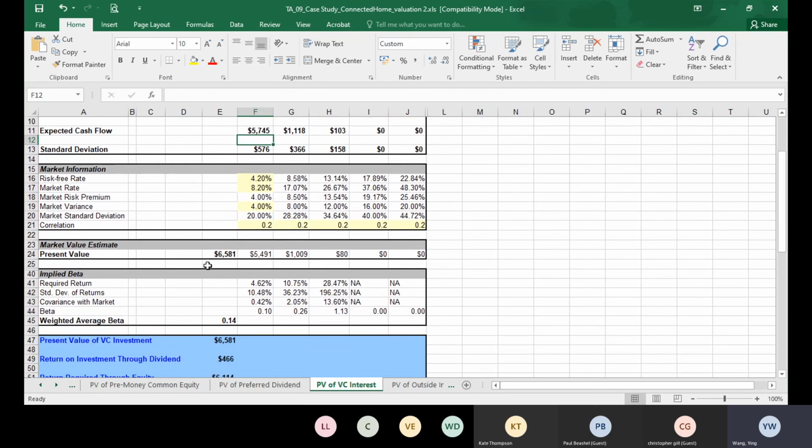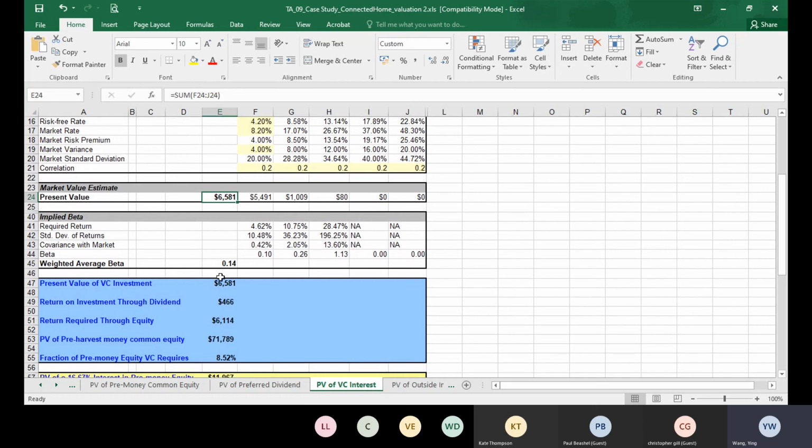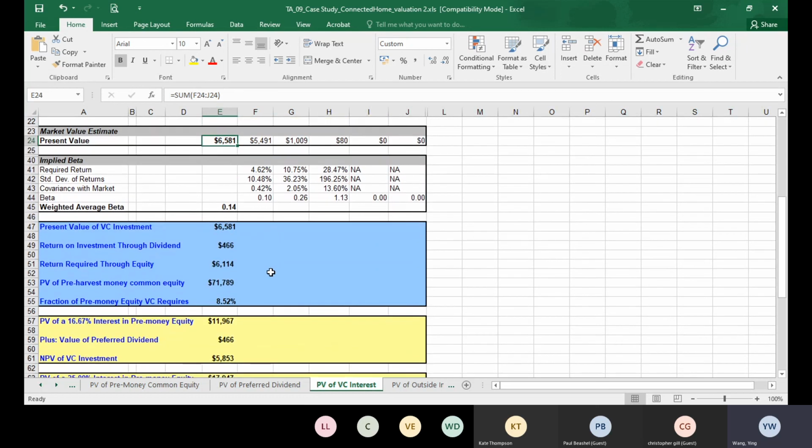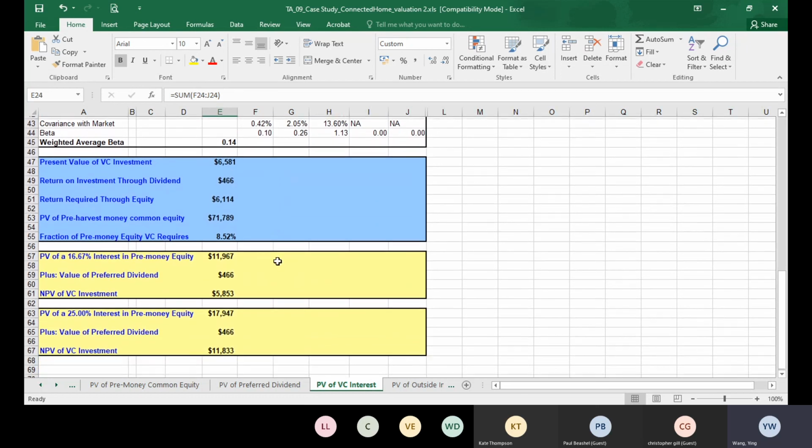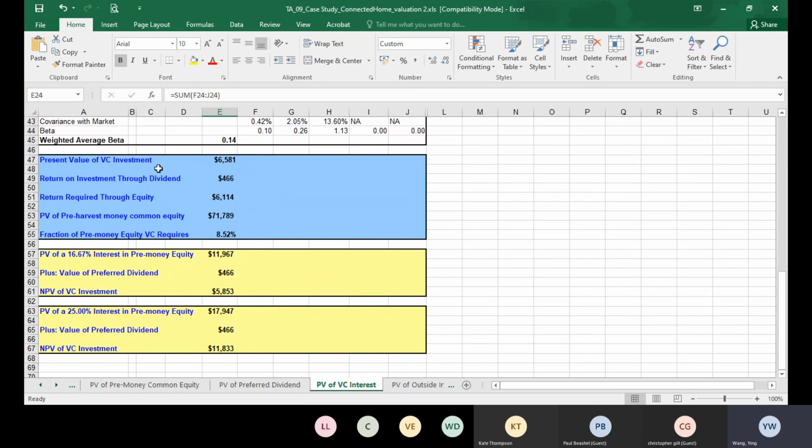After that, they consider the present value. If it is internet only, the present value for the venture capital, the present value of pre-harvest money common equity, is more than 71,789,000. You see the big difference. Why do they prefer internet only?